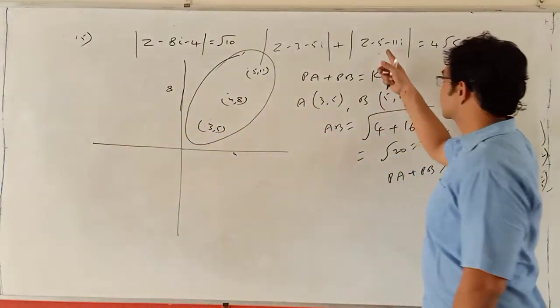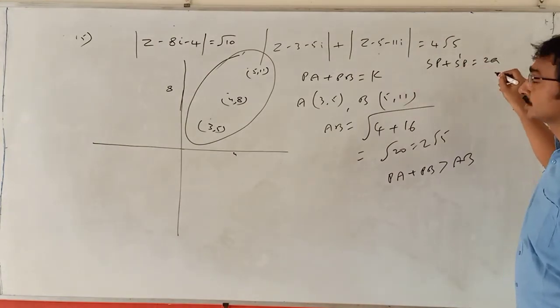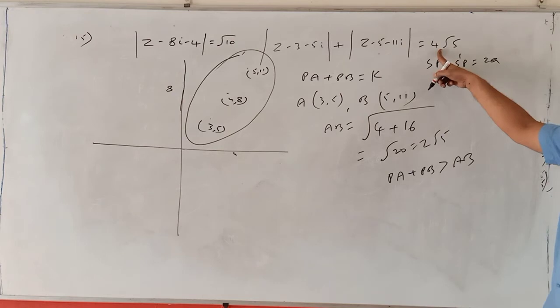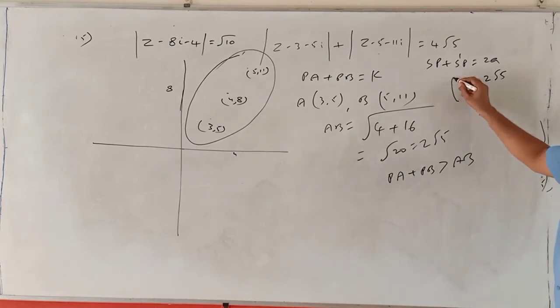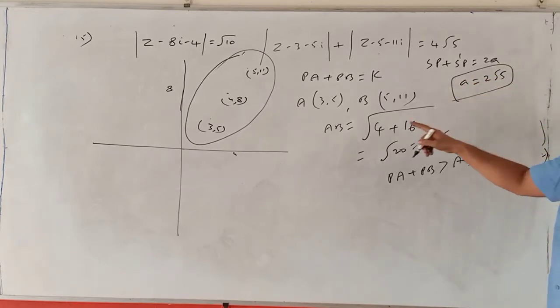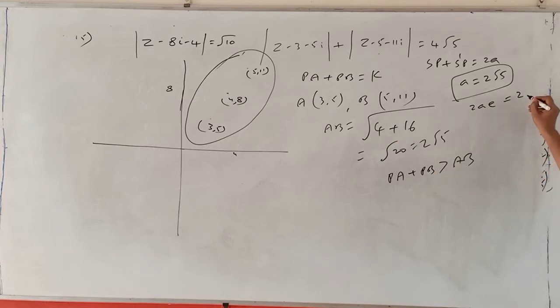By comparing this with SP plus S dash P equal to 2a, the value of 2a is 4 root 5, so the value of a is 2 root 5. And the distance between the foci is always equal to 2ae. 2ae equal to 2 root 5, with the a value, therefore e equal to root 5 by 2 root 5, which means 1 by 2.